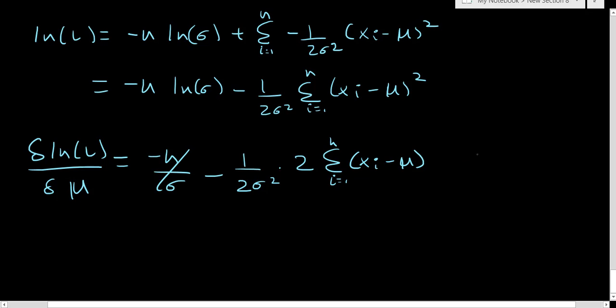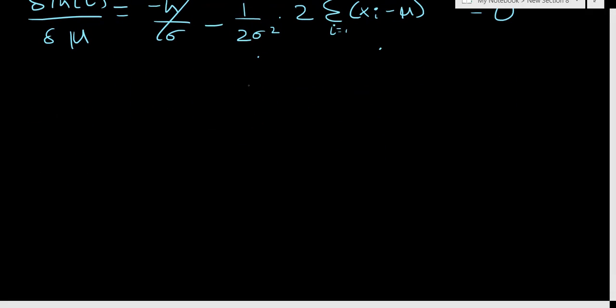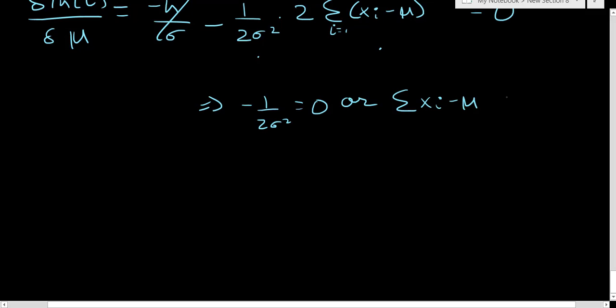So I will just equate this to 0 now, and what happens here is there are two terms multiplied. So if this has to be equal to 0, that implies that either minus 1 over 2 sigma squared is equal to 0, which is not possible because then sigma squared would be an undefined value, or summation xi minus mu is equal to 0, right, which is possible. So we will take this into account.